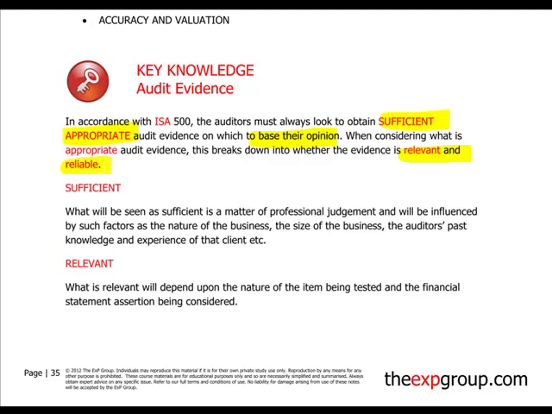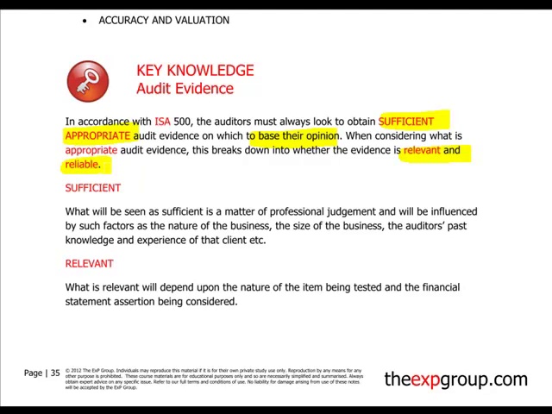And in terms of sufficiency, sufficient is just, let's say, enough to cover the audit risk. If we discussed in our previous sessions audit risk, then we know that we have to design the audit procedures in such a way that they cover the risk and reduce the level of audit risk in such a manner that we can obtain reasonable assurance about the true and fair view of the financial statements.